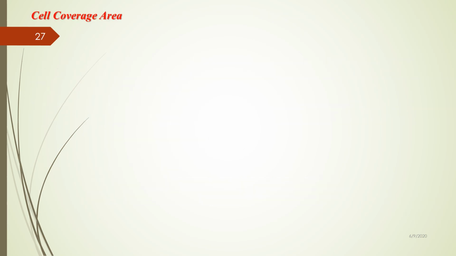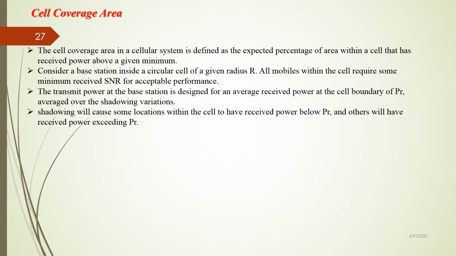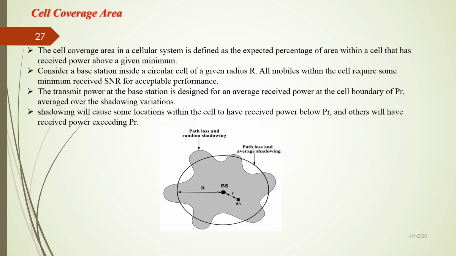And the last topic is the cell coverage area. Cell coverage area in a cellular system is defined as the expected percentage of area within a cell that has received power above a given minimum. Consider the base station inside a cellular cell of given radius r.